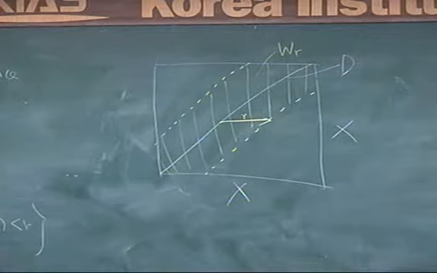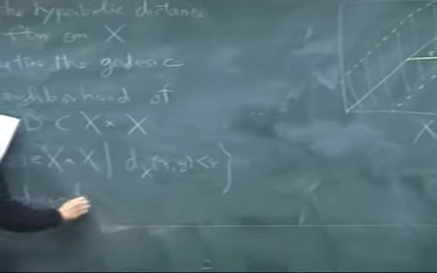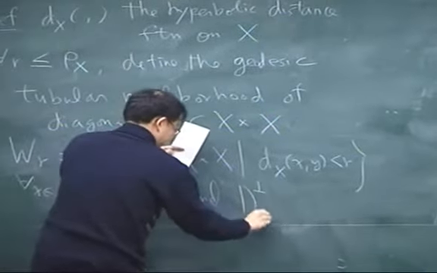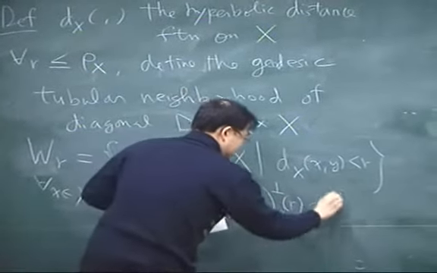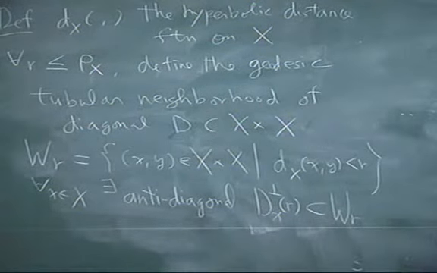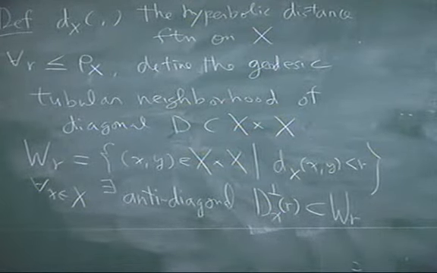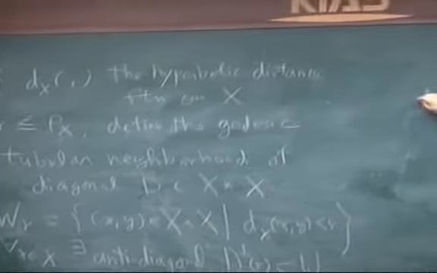And now, for each x, there exists an anti-diagonal inside W_R. Roughly, for each point x here, there's something which is kind of orthogonal to the diagonal. This is called the anti-diagonal.